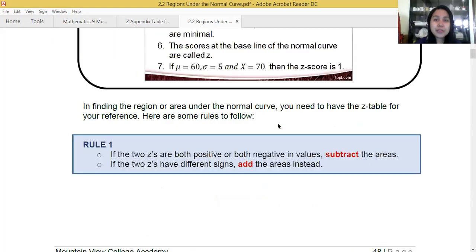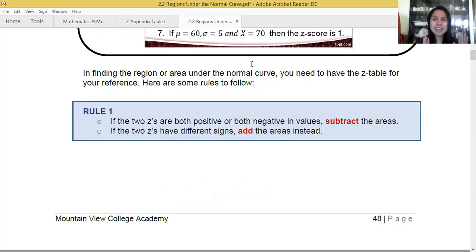Now, there are some rules in identifying regions under the normal curve. Rule number one: if both z's have positive or both z's have negative values, we need to subtract the area. Here's the first cue: negative to negative, subtract.